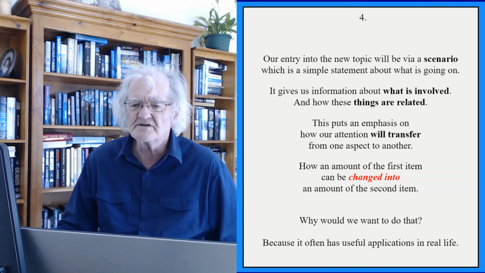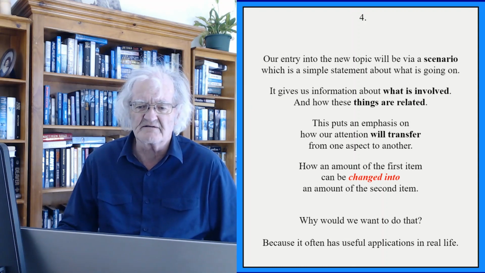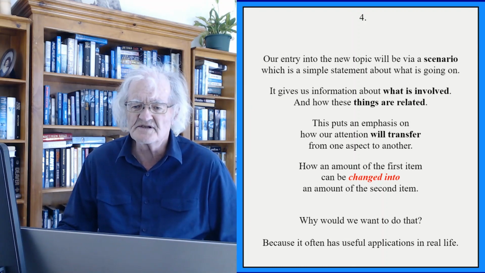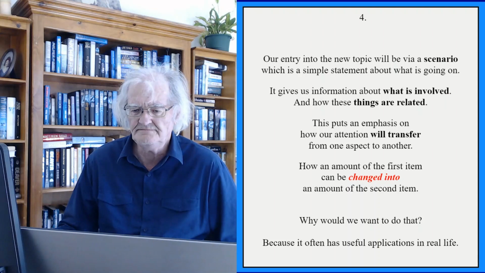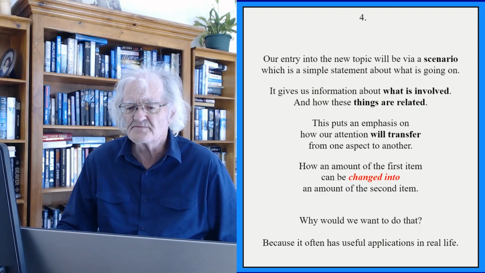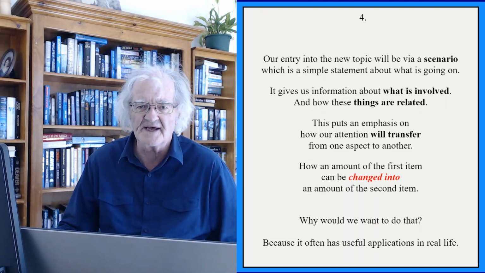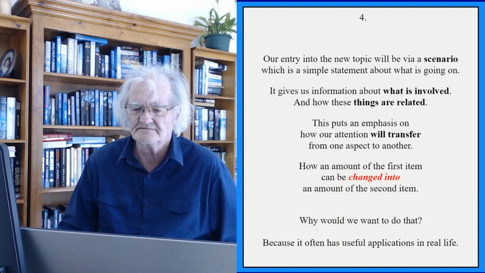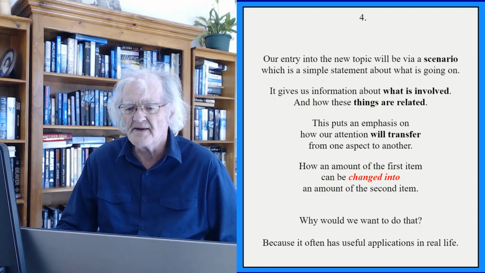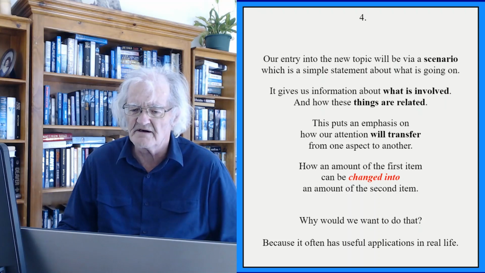Our entry into the new topic will be via a scenario, which is a simple statement about what is going on. It gives us information about what is involved and how these things are related. This puts an emphasis on how our attention will transfer from one aspect to another. How an amount of the first item can be changed into an amount of the second item.